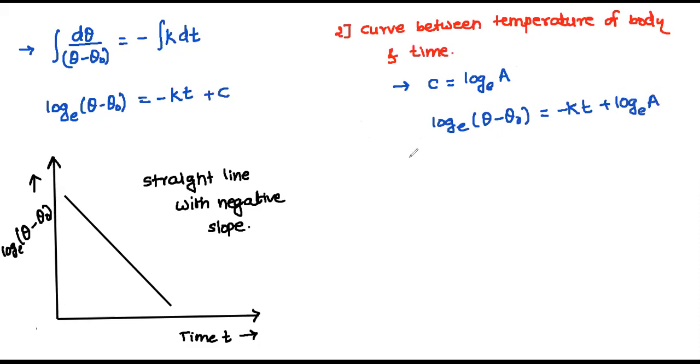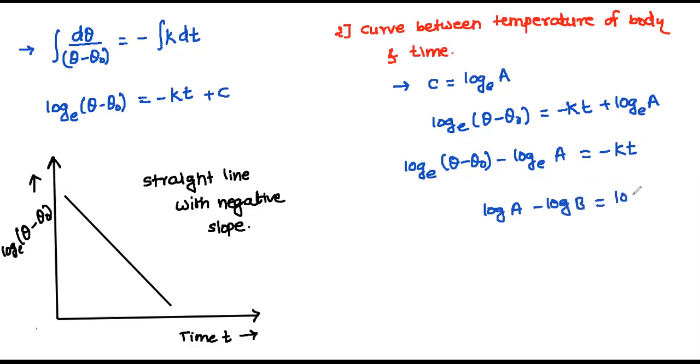Now transfer this term here. So what you are getting, log e of theta minus theta naught minus log e of a is equal to minus kt. Now you know the formula, log a minus log b is equal to what? Log of a by b.